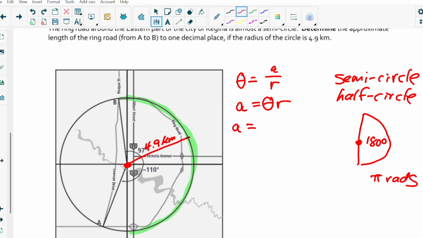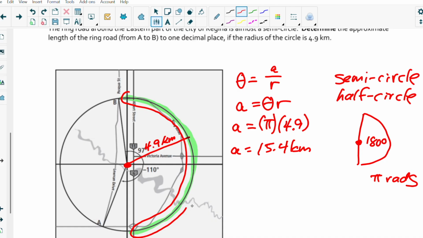Okay, so arc length equals my central angle pi times the radius 4.9 kilometers, and my arc length is 15.4 kilometers. So this ring road is approximately 15.4 kilometers long.